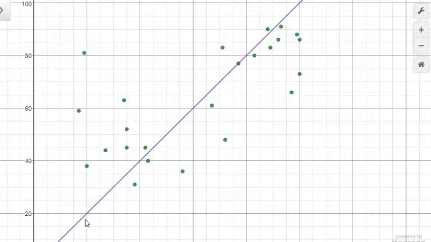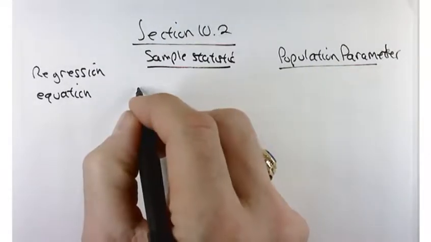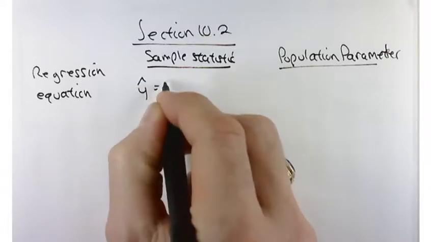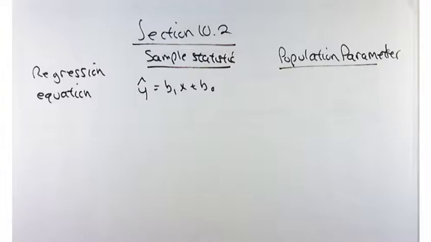So what we're going to move on to is trying to find a line that represents this data. So this line, that's a summary line, it's called the least squares regression line. So let's talk about that over here. Now your sample statistic for this is y hat equals b1x plus b sub 0.